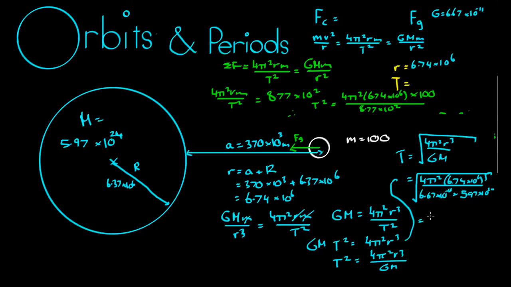So plugging this into the calculator, it's very easy to make mistakes, but as long as you use your brackets properly, things tend to work out. 4 pi squared times 6.74 times 10 to the 6 cubed.